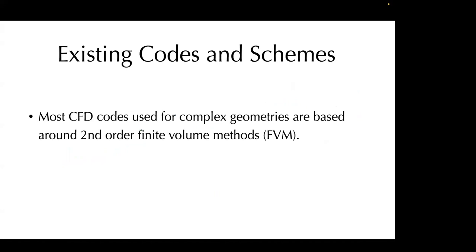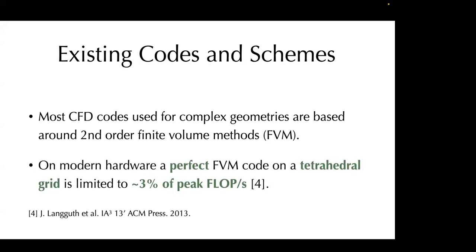Just to kind of put this into perspective, most CFD codes used for industrial simulations, so around complex geometries, are based around second order accurate finite volume methods. And on modern hardware, you can do a theoretical analysis to show that on a tetrahedral grid, such a code is limited to about 3% of peak flops in the ideal situation, the best possible case.